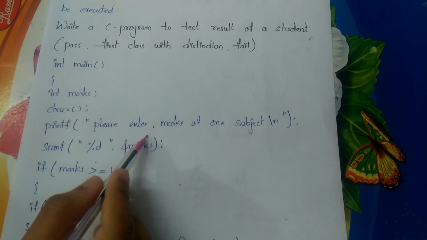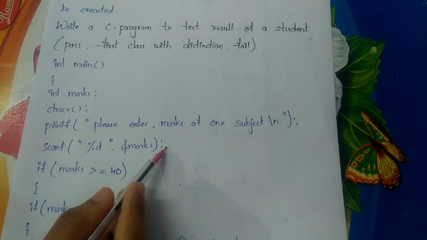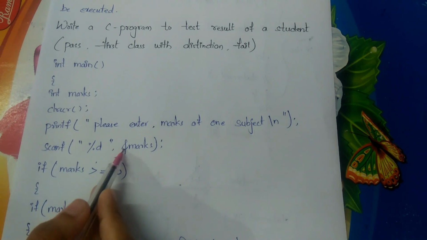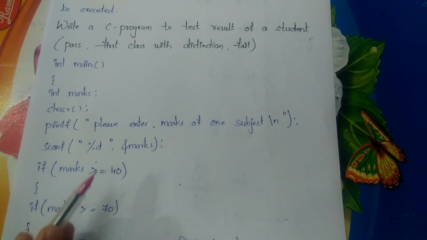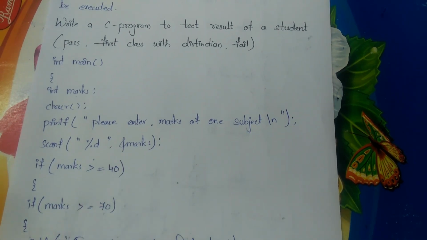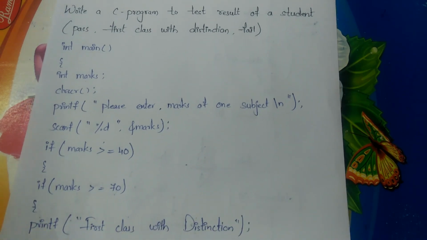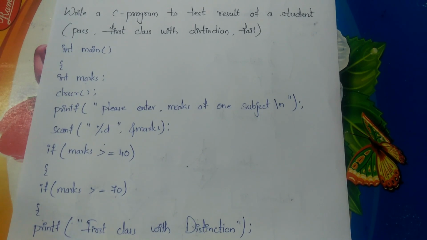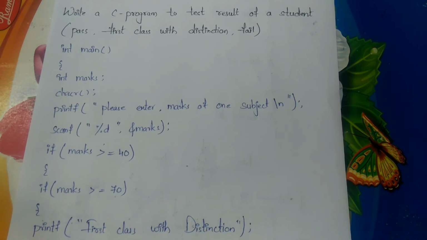So to read the marks which I gave from the console, we are using scanf, with %d and address of marks. Now whatever marks I gave from the console will be read. Now after this, the marks can be either below 40, above 70, or above 40.